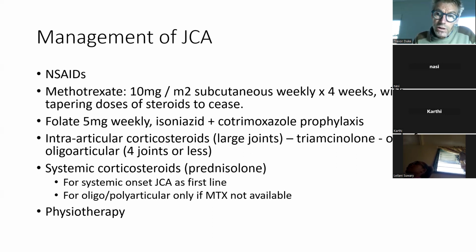They act on interleukin-1 and interleukin-6 particularly, and they're the cytokines that are most implicated in the inflammation related to JCA. But again, we won't talk about that today. Methotrexate is a good second-line therapy when non-steroidals fail, and in combination sometimes with steroids.